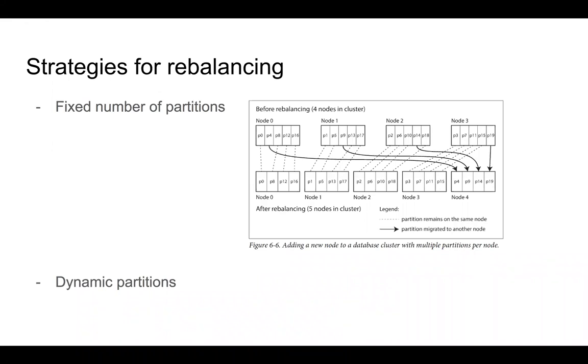But if I keep my number of partitions lower, then each partition would have more data, that is, the partition size will be large, and in that case rebalancing will be expensive because I'm moving a large amount of data onto the network.